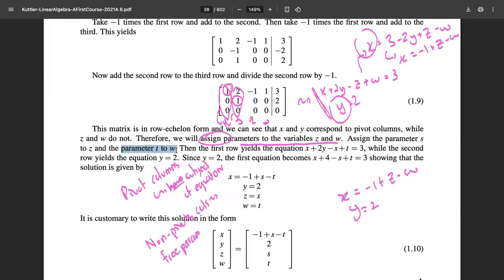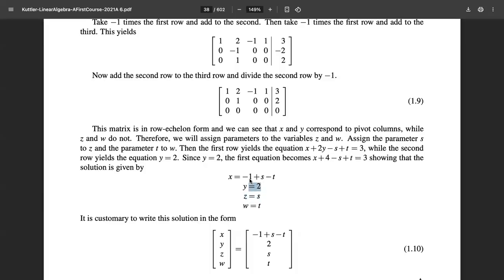Once I let s and t be real numbers, I can just let z be s, w be t, and perform the corresponding substitutions into x. Let's see what's written over here.